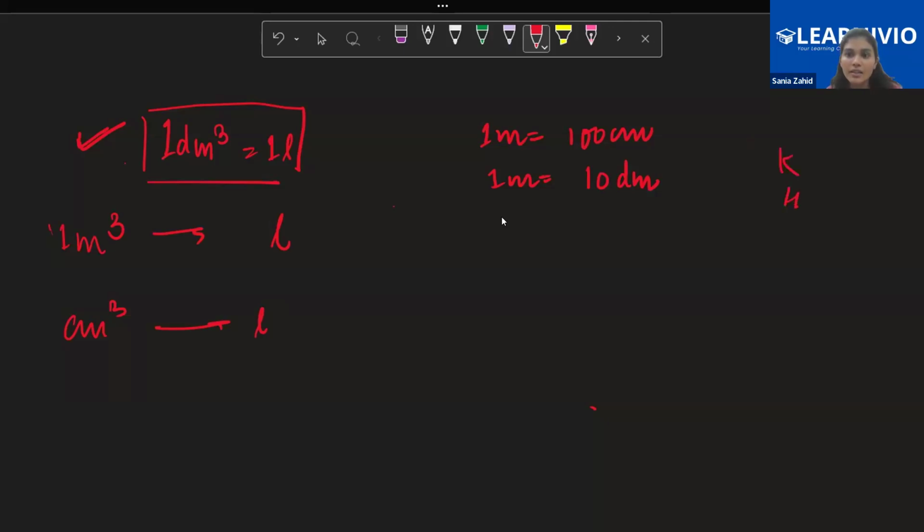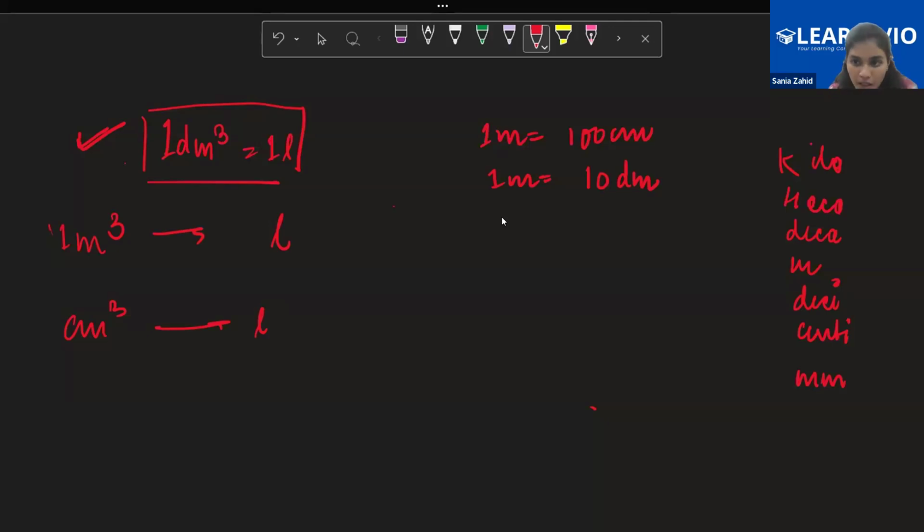Kilo, hecto, deca, meter, deci, centi, milli. Remember this table. In front of kilo, you can put kilometer, hectometer, decameter, meter, decimeter, centimeter, and millimeter.